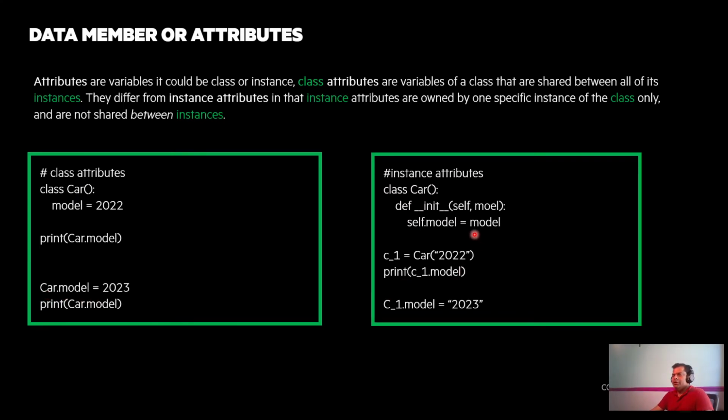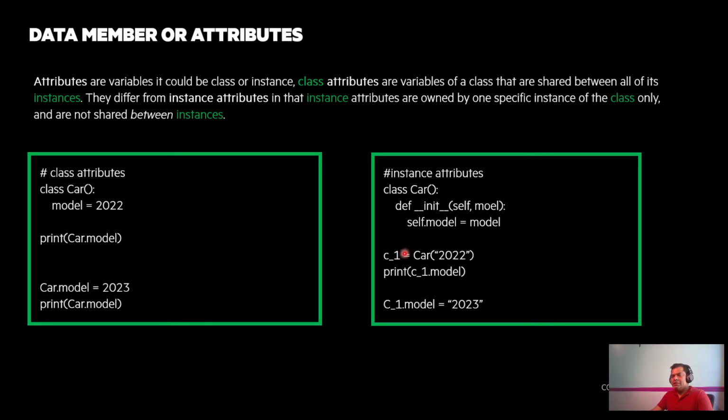Similarly, for the instance attribute, we will create the car, but now we see that we do not have data directly inside the class. We have the data, but this data is inside the init method. And also this particular data is being referred by self. So this model is at the instance level and this particular model is at the class level.